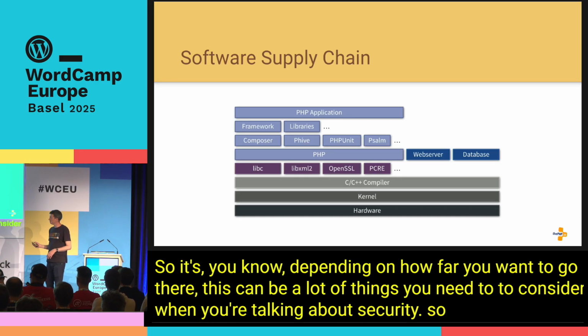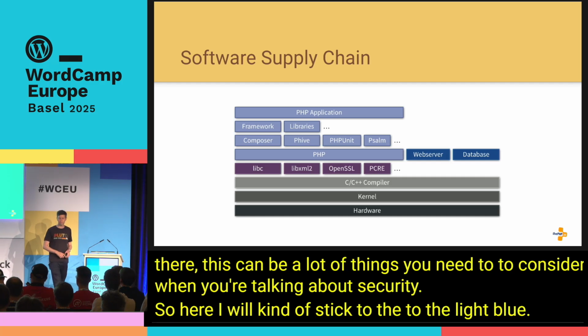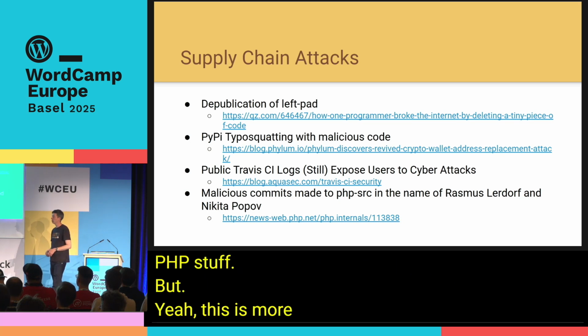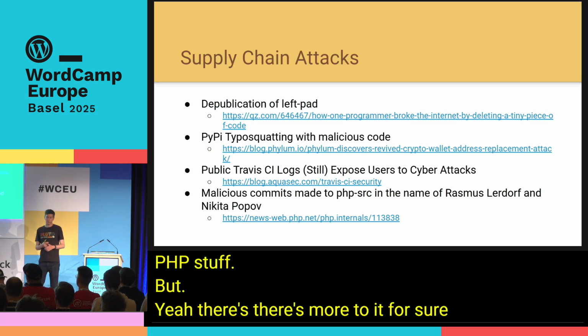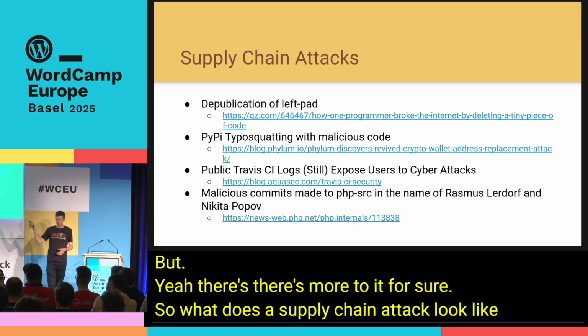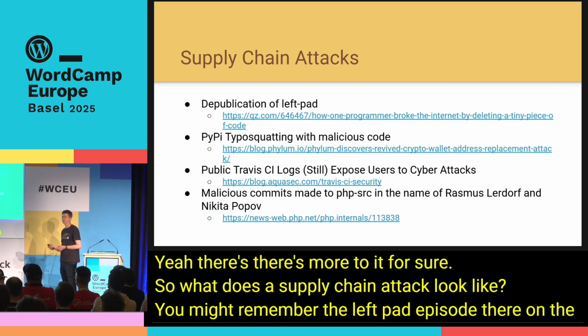Here I will stick to the light blue PHP stuff, but there's more to it for sure. So what does a supply chain attack look like? You might remember the left-pad episode on the NPM repository.